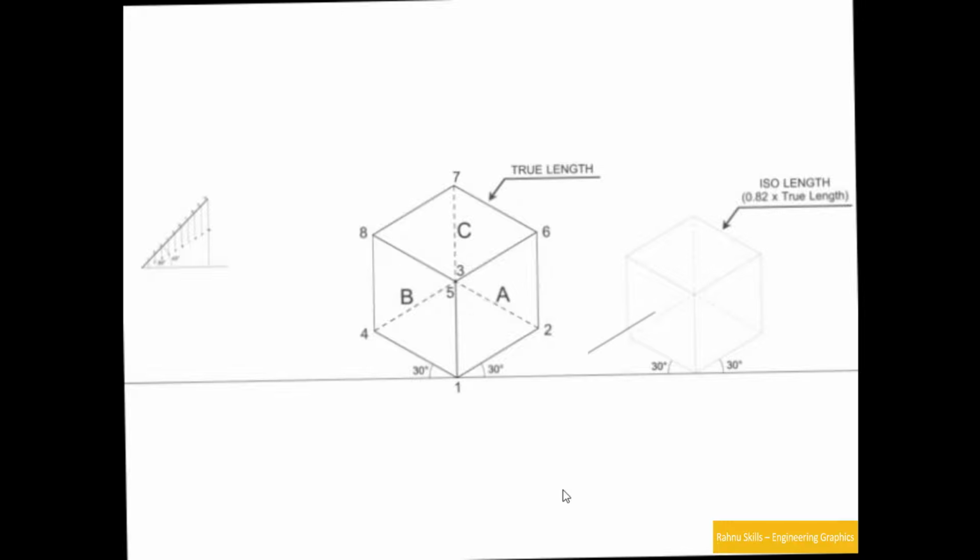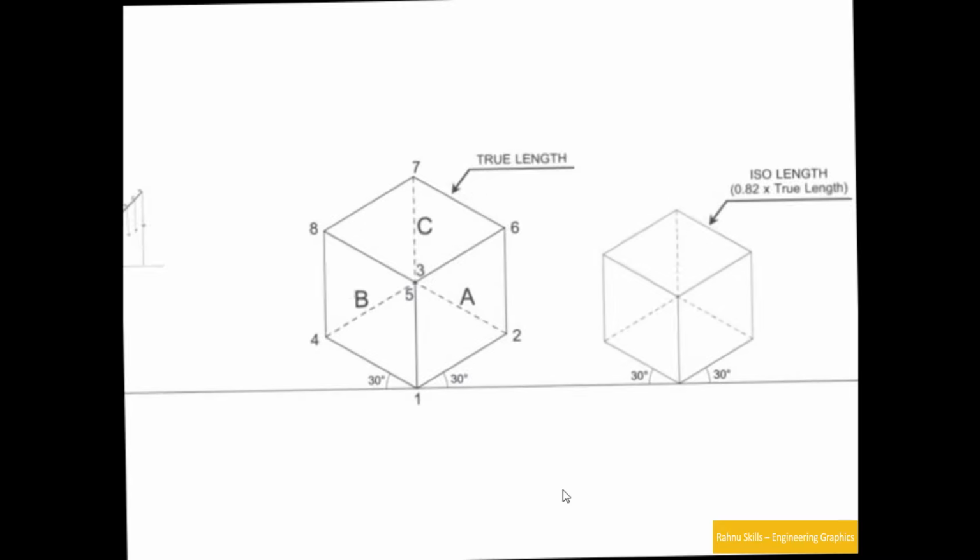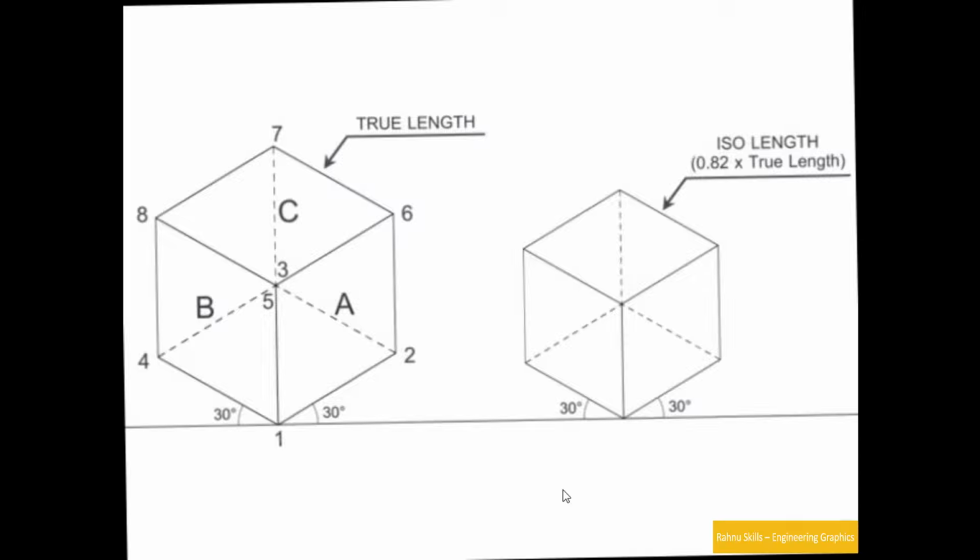It is actually the dimension of isometric projection. So whenever we have to convert the dimension of true dimensional object to the iso dimensional object, we use the isometric scale which I have shown you with 30 and 45 degree angle. So this part is known as isometric view and this one is known as isometric projection.